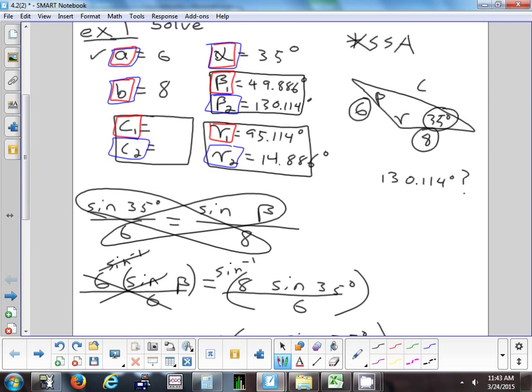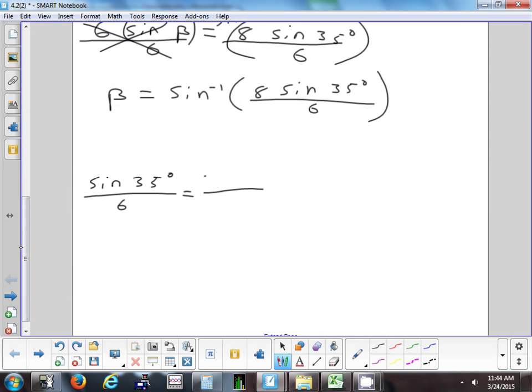Now, let's start with C1. Which angle do you think we'll use to find C1? 95.114. Okay. Gamma 1. To find C1, use gamma 1. To find C2, you use gamma 2. So let's set it up for C1. Sine 95.114 over C1.